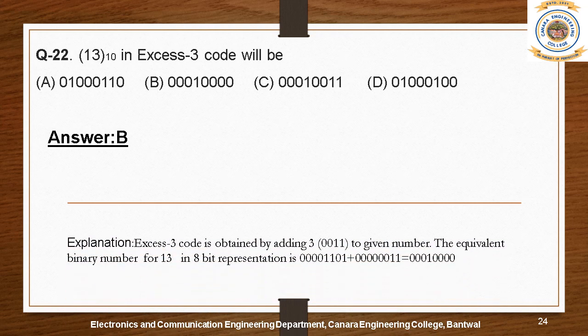This is your original number plus 3, a new code generated from the original code. This is the original code, and this is the excess-3 code. By the name itself, it indicates you are exceeding by 3.